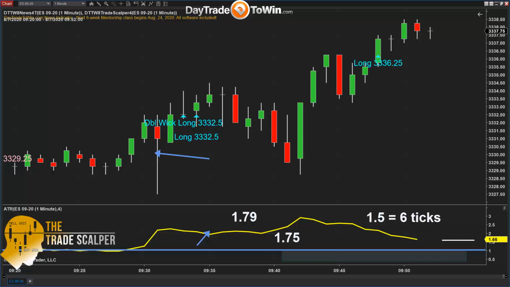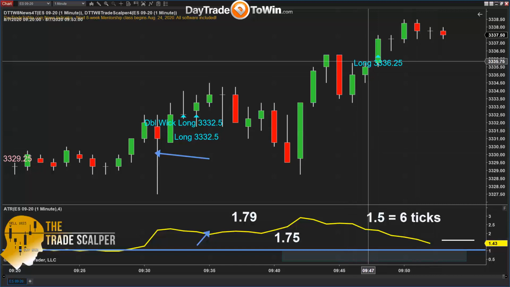So this isn't something that you should be too concerned with. As long as you stick with one or two markets, it becomes very easy to learn and to memorize these values. So a point and a half is 6 ticks. 1.75 is 7 ticks. 2 points is 8 ticks, right? So it's just a quarter point value that's incrementing up or down.